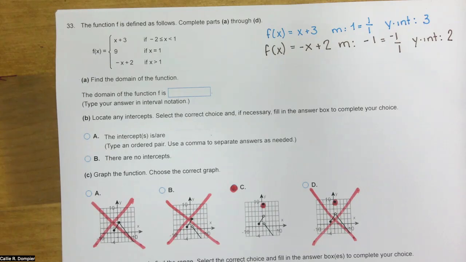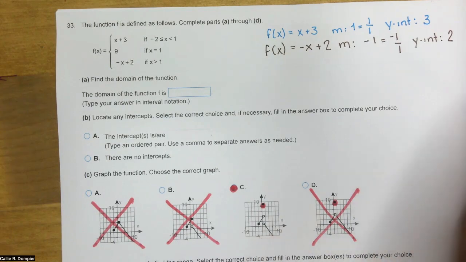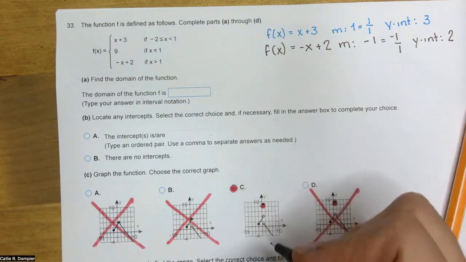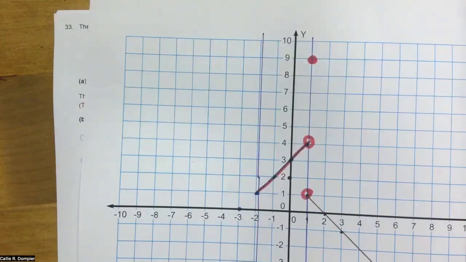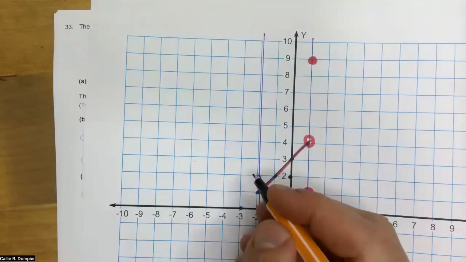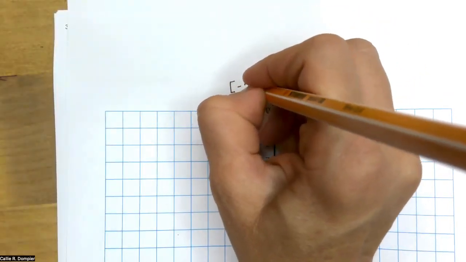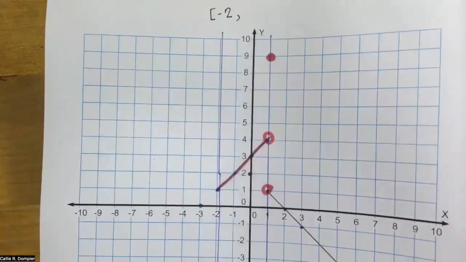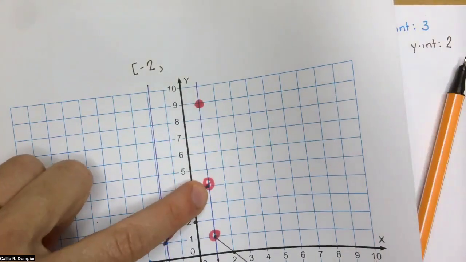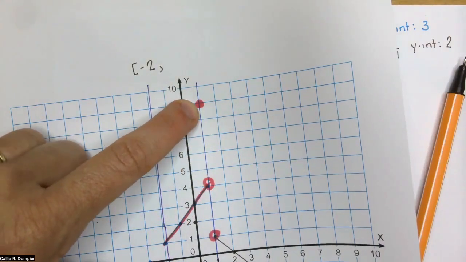What is the domain of this function? The domain, remember, is the x values. So it starts at -2, right? So from and including -2 until it doesn't include 1, but wait, it does include 1 up here, so we're okay.